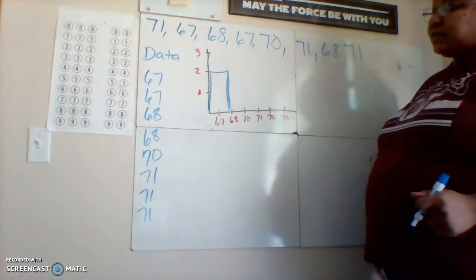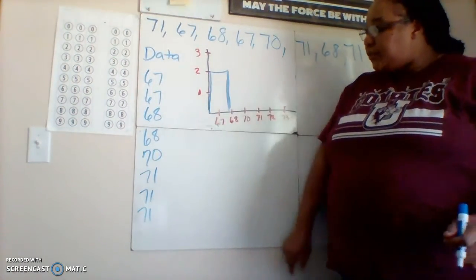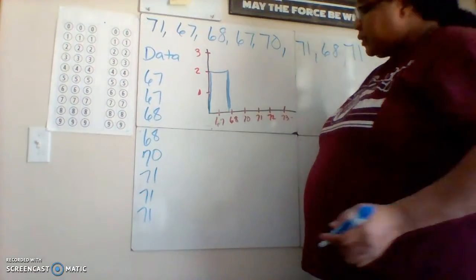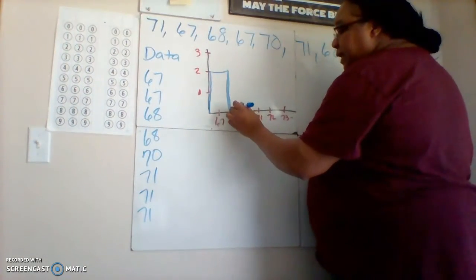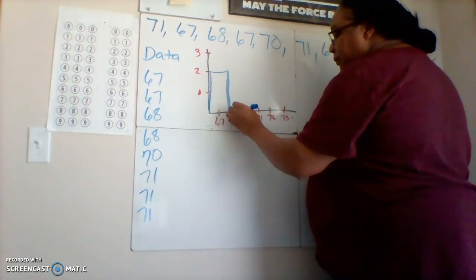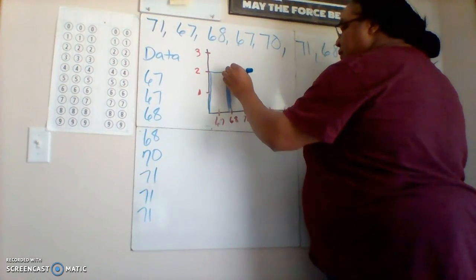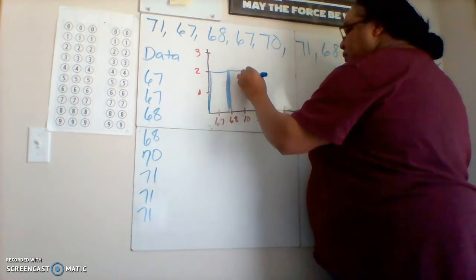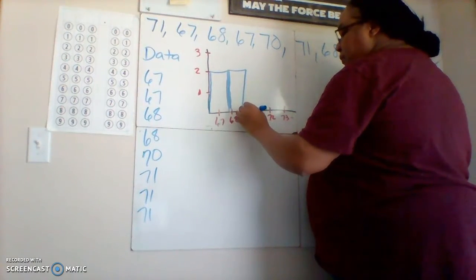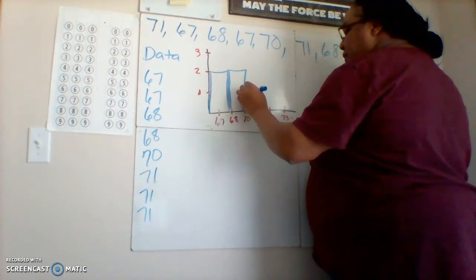The next one, 68. How many 68s do I see? 1, 2. So I'm going to take my 68, go up and be even with that 67, and make sure my box is right behind that 70.